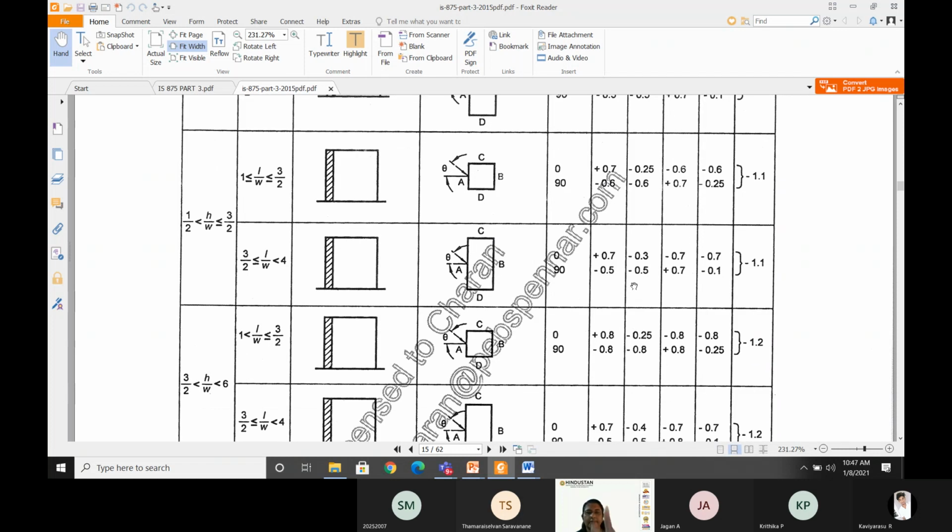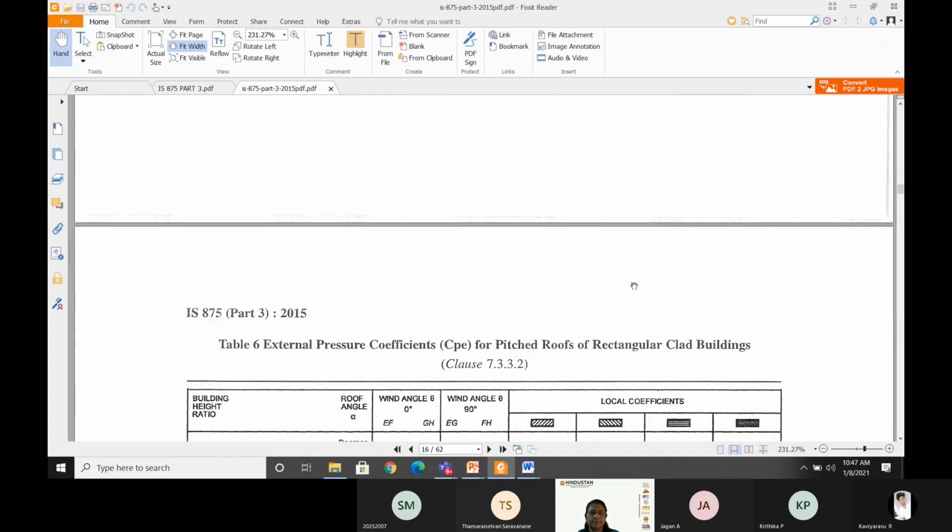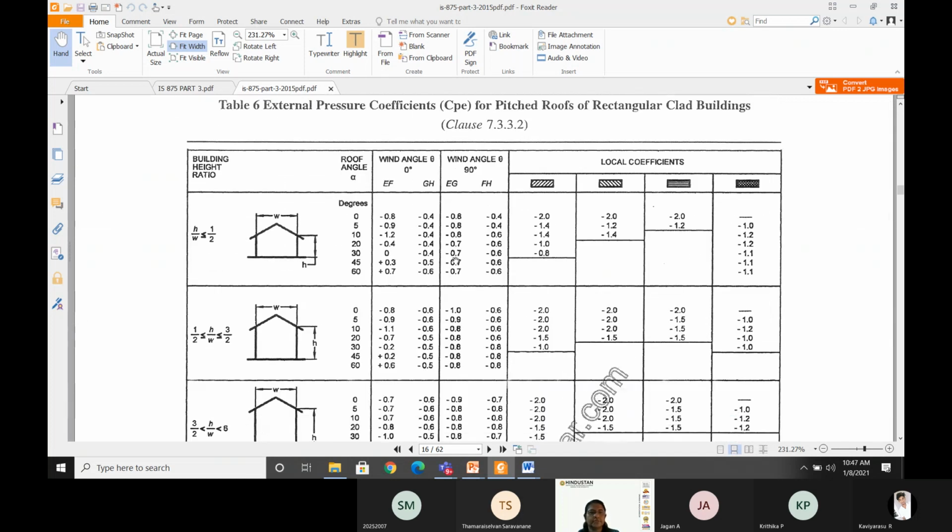So depending upon the geometry of the building, the aspect ratio of the building, and the angle of inclination of the wind, the CPE value can be calculated. Okay, so if it is a sloped roof, for different theta values, for different wind angles, different CPE values are given here.